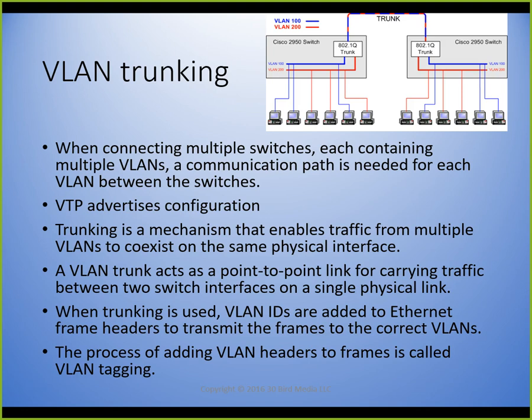It's not working because the ports connecting the two switches together are access ports, and they're in VLAN 1, the native VLAN, the default VLAN on these switches. A VLAN trunk acts as a point-to-point link for carrying traffic between two switch interfaces in a single interface, and when trunking is used, VLAN IDs are added to the frame headers to transfer the information.